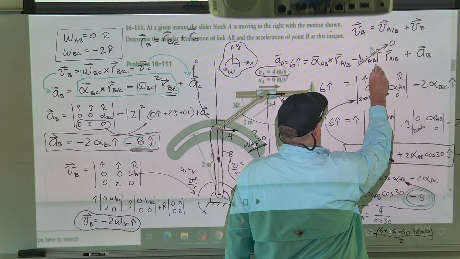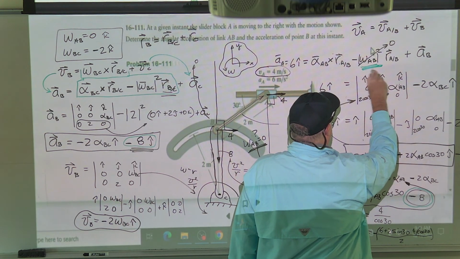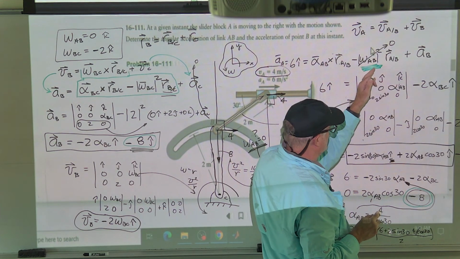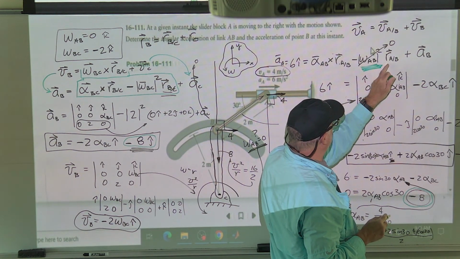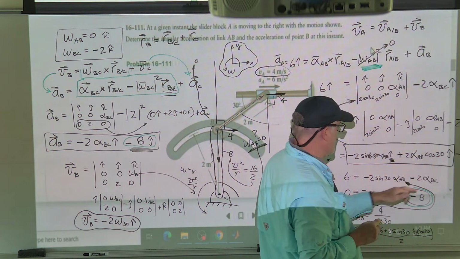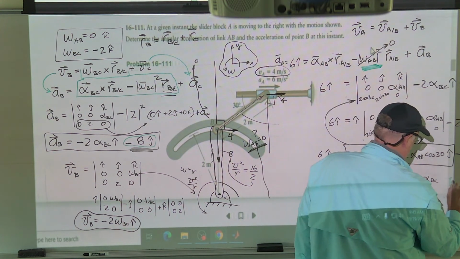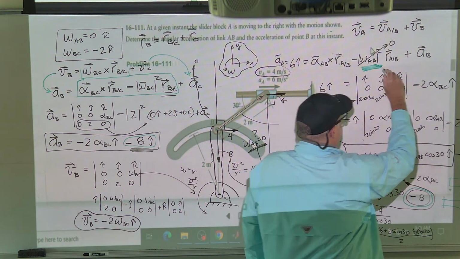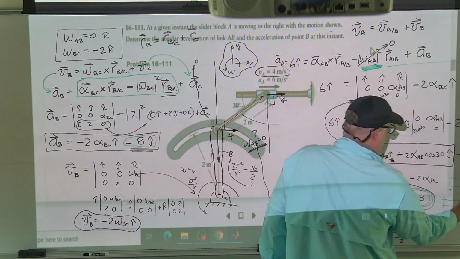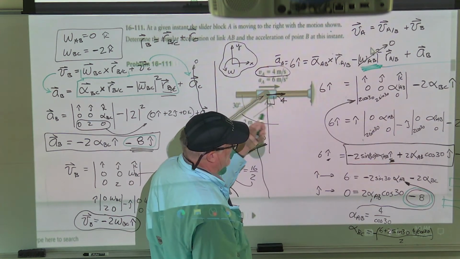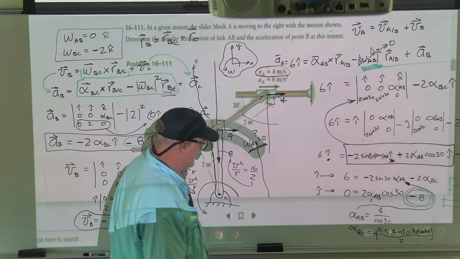If, in fact, this link wasn't in complete translation, it would be another complexity here. There would be the extra complexity associated with the vector. And so it would be even more complex. You'd get another term here, and you get another term here. That comes from that. But, in fact, this link is going translation to the right, so you're okay.